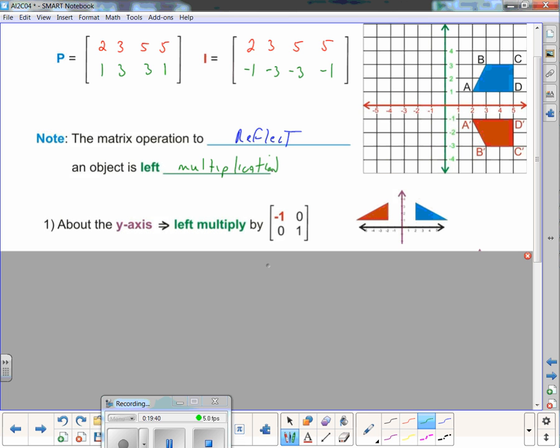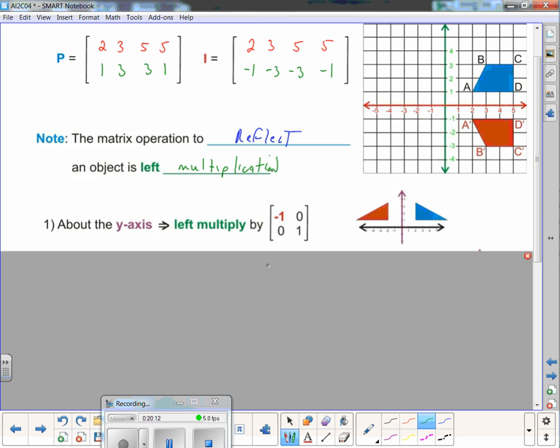That will reflect the object across the y-axis, no matter where it's located. It doesn't matter if the pre-image is in quadrant 1 or 2 on the right-hand side of the y-axis, or in quadrant 3 or 4, the left-hand side of the y-axis. Multiplying by -1, 0, 0, 1 will reflect it across that axis.